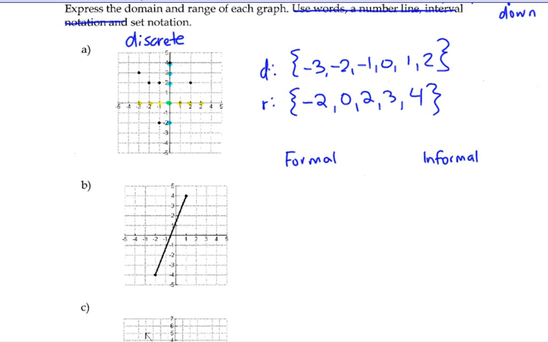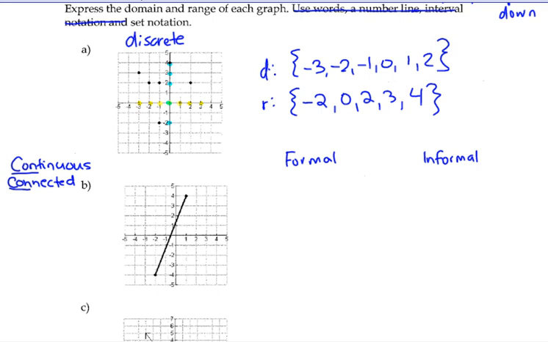So when it's continuous data. What's continuous again? You keep the pencil on the paper. You can draw it without lifting your pencil. Everything's connected. Right? Continuous, C-O-N, connected. So how do we do it?